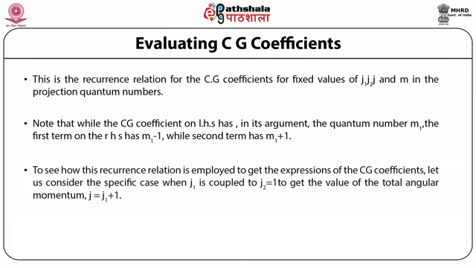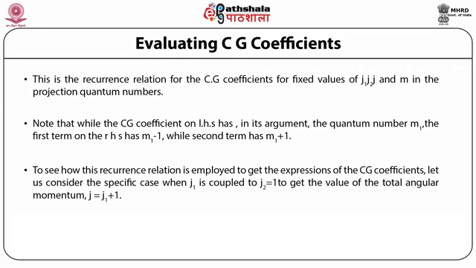So in order to see how this recurrence relation is employed to get the expressions for the Clebsch-Gordon coefficients, let us now consider some specific case in which j1 is coupled to j2 equal to 1 to get the value of the total angular momentum J equal to j1 plus 1, where we are taking 1 because j2 is equal to 1.